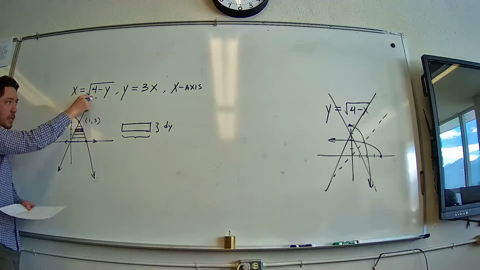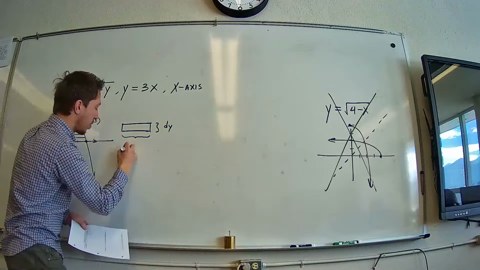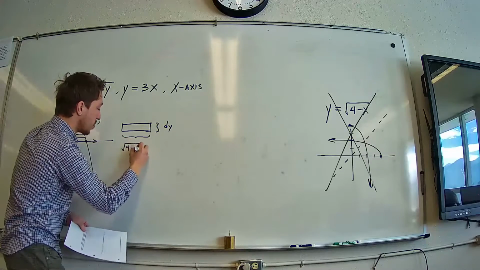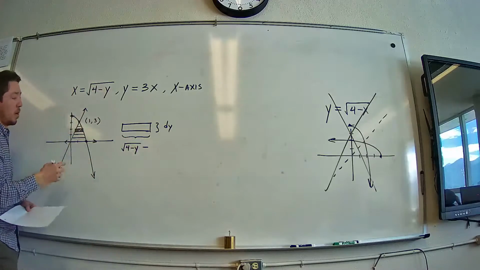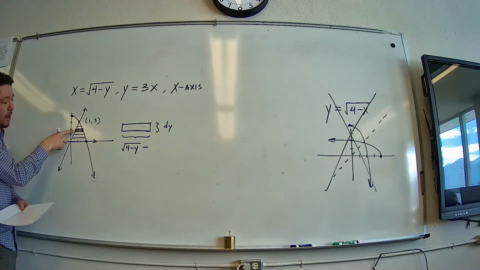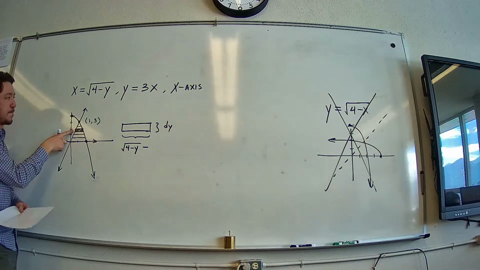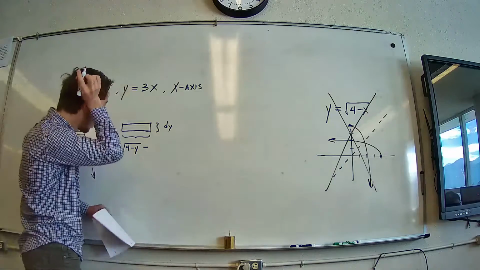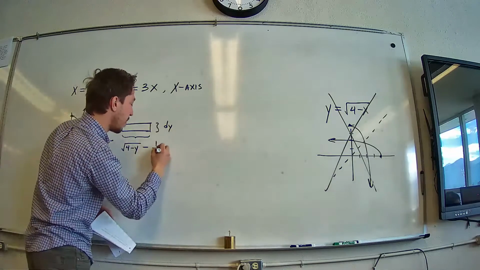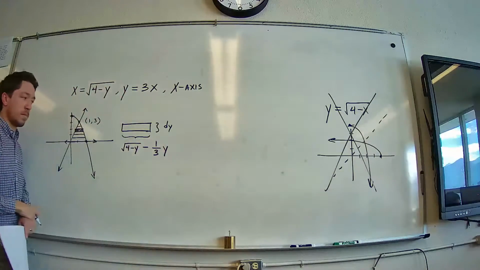X equals this thing. So it would be the square root of 4 minus y, minus, what's the x value of a point on this line? 1/3 of y. Oh, that's right, we're doing it with respect to y.